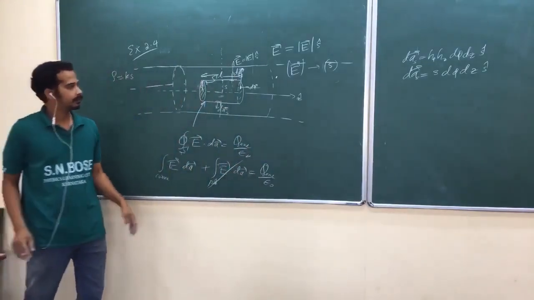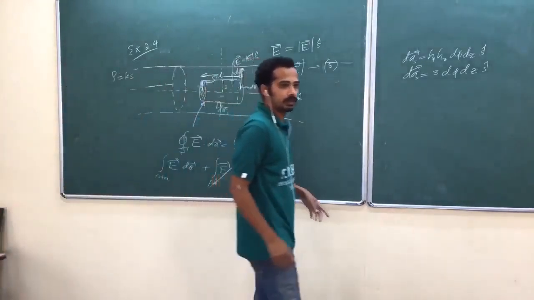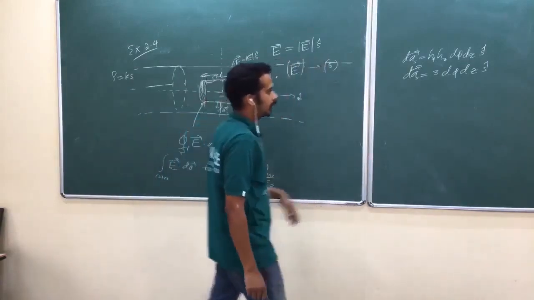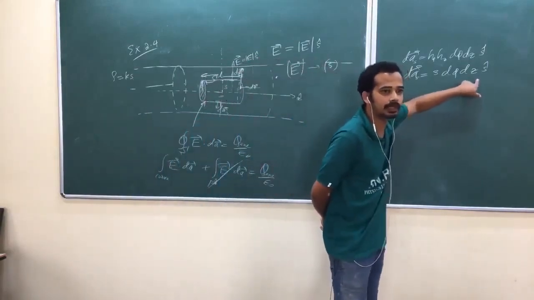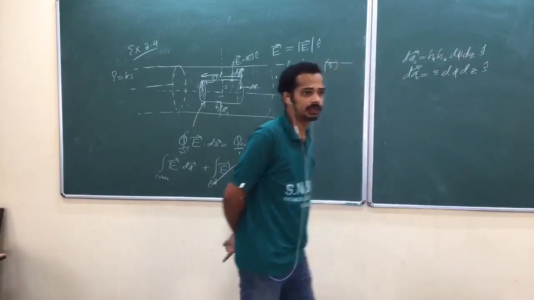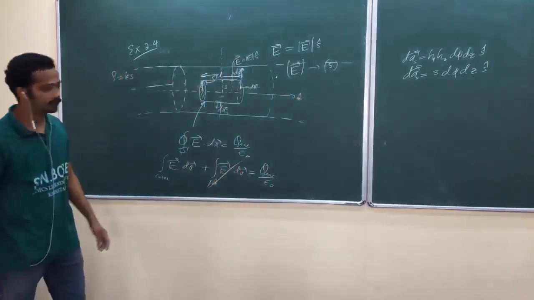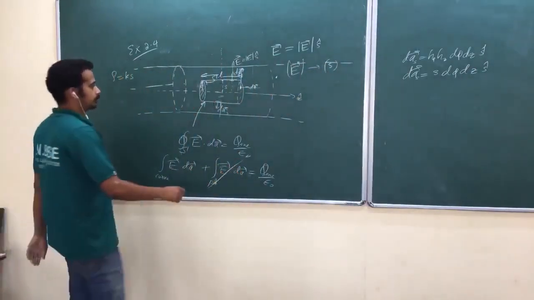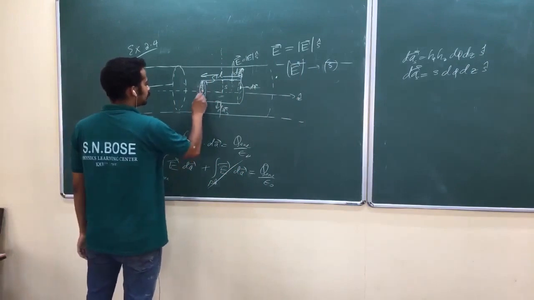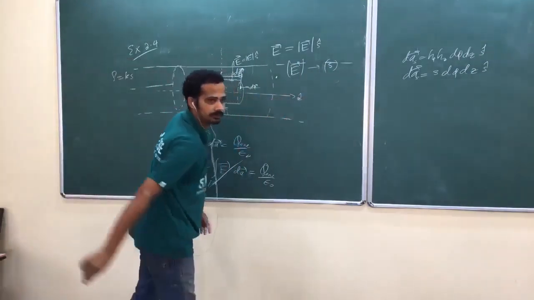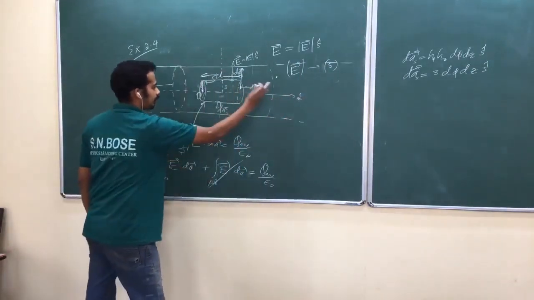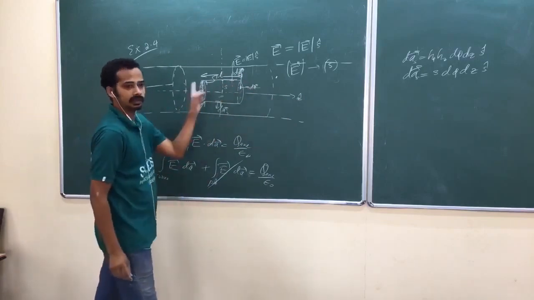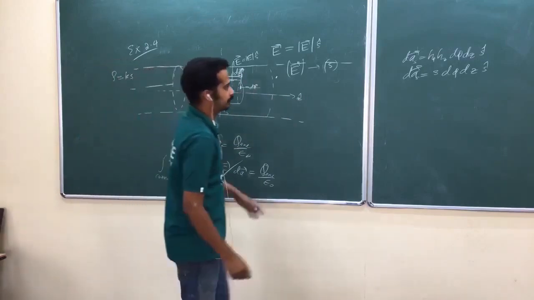Are you getting my point? Take the length of the cylindrical surface as L because you have dz as a variable and you have to integrate with respect to dz. You can choose your origin somewhere here, and this is your z cap, so that when you integrate along z cap, you get length L.